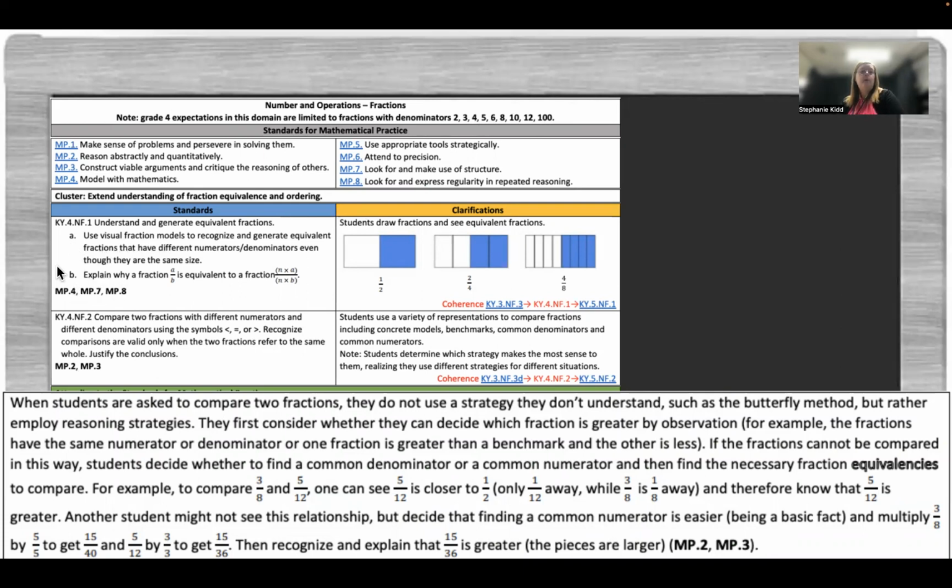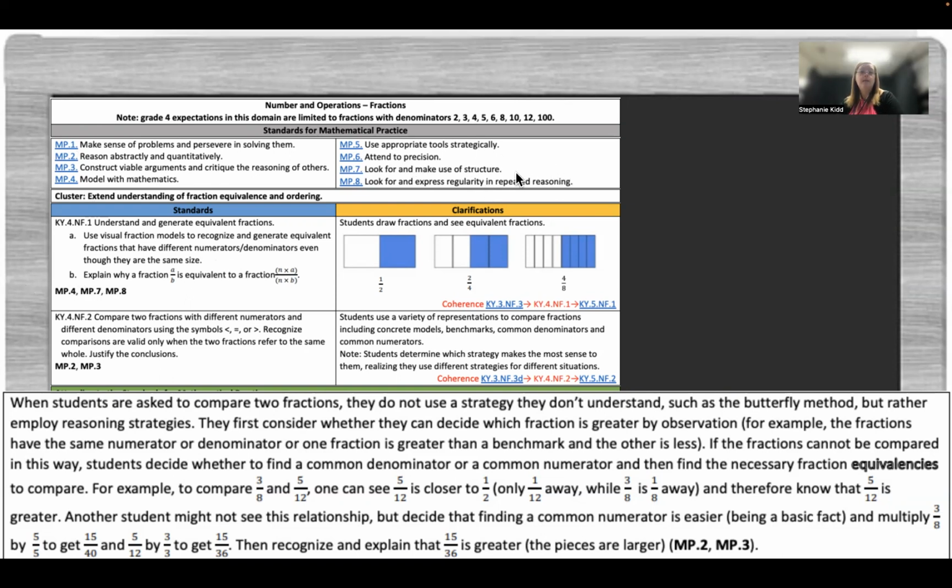In this one, we are hitting several different math practices. We are looking at 4, which is model with mathematics, which means we should be allowing our students to have different types of models available to be able to do fractions. The other one we're looking at again is looking for and make use of structure, but we're also looking for repeated reasoning.